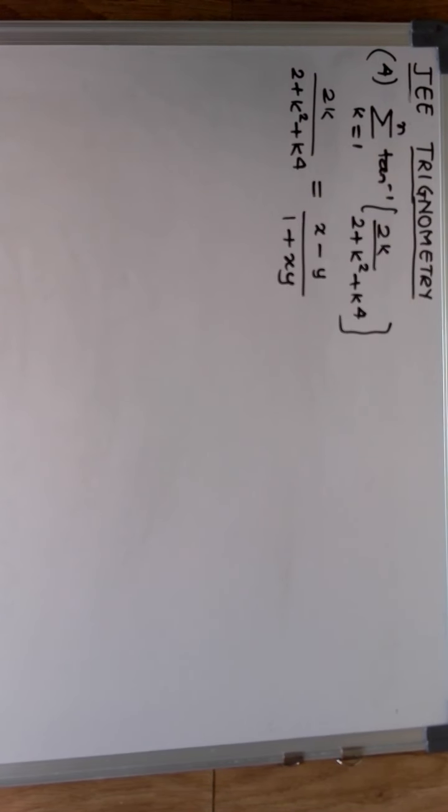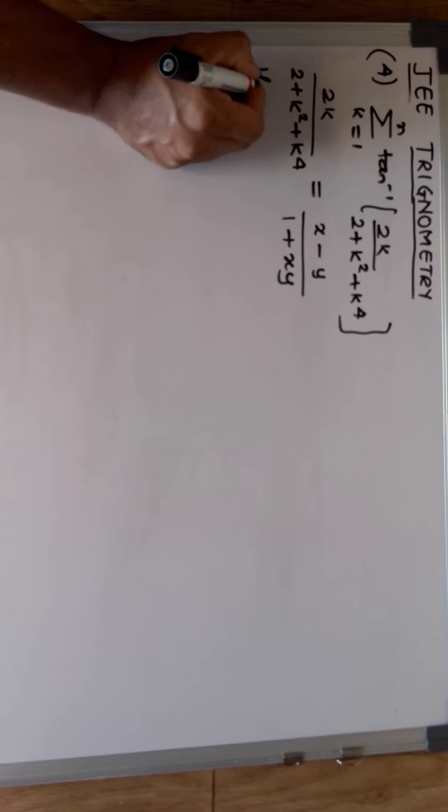Why am I thinking of that? I could have gone for plus also, but one part of my mind says that if it breaks in the form of tan inverse x minus tan inverse y, the minus may get cancelled in the summation. So here I can clearly compare, that is my intention.